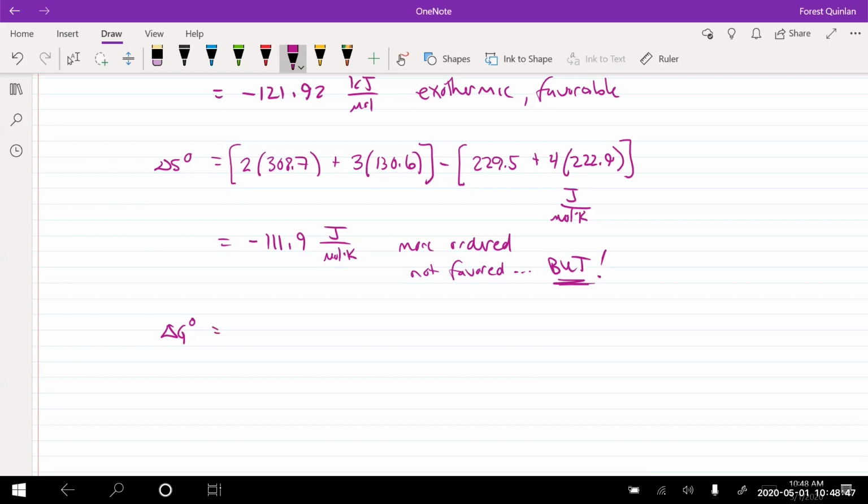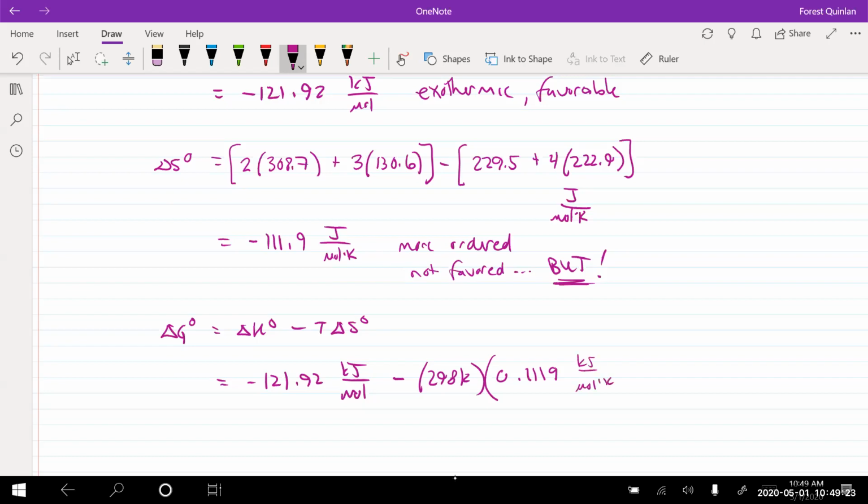So if we do this, delta G equals delta H naught minus T delta S naught, we have negative 121.92 kilojoules per mole minus, since it's the naught, we have 298 Kelvin times 0.1119 kilojoules per mole Kelvin.